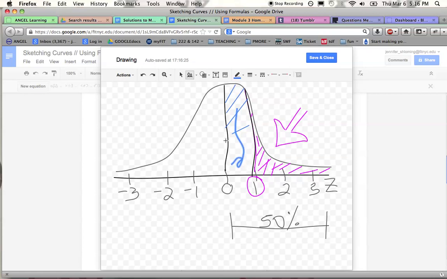Oh, I don't know why it's not. Okay, let's just do these lines instead. So again, between -1 and 1, there's 68%, but since the curve is symmetrical, that means 34% is between -1 and 0, and 34% is between 0 and 1.